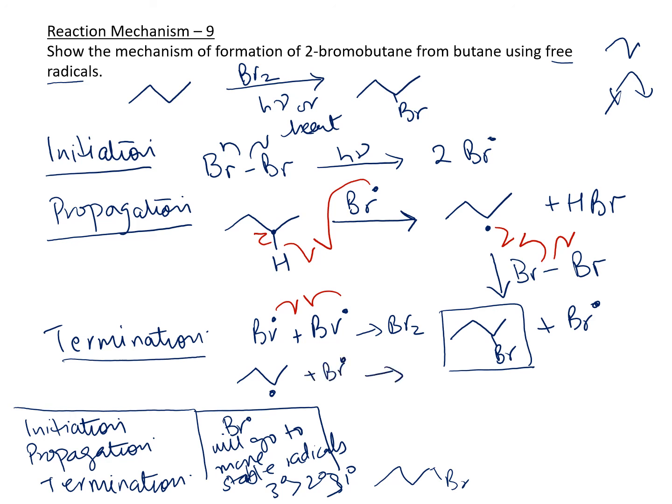That would also give you your product as well as the termination step, both in the same step. So you can do it however you want. You have some flexibility in free radical mechanisms, but this is how you would write the mechanism for free radicals.